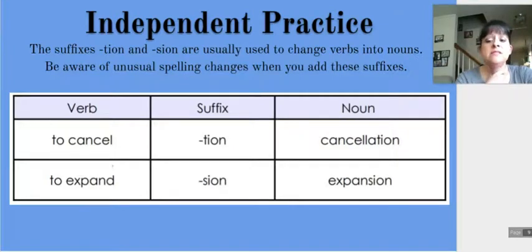So here's some examples. To cancel, add shun. We then have cancellation. Now, what's the special spelling pattern that you see right here? That would be a floss rule because we often double L, F, and S when it's followed by a one-syllable word, but this is a one-syllable.